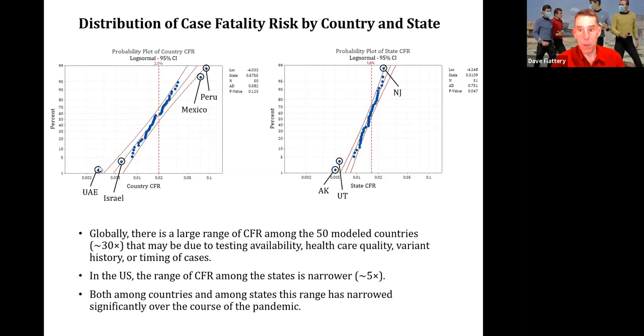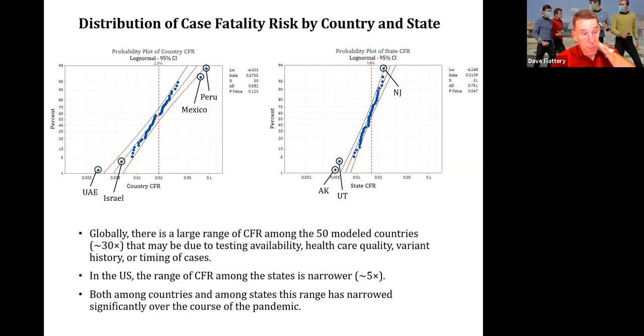And it's interesting how these 2 are regionally proximate. And these 2 are regionally proximate. I don't know exactly why it's that way, but there certainly are a lot of things that can skew this number, beyond the virus, and some include the virus. But testing availability, like we saw in the U.S., when you can't test very many people, you know when they die, but you don't know when they have a case. So you end up underestimating the denominator because you don't catch many of the cases, and so the case fatality risk looks high.